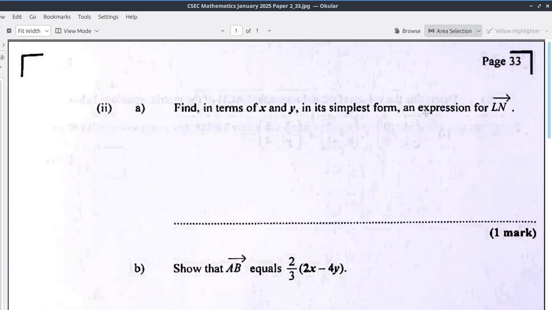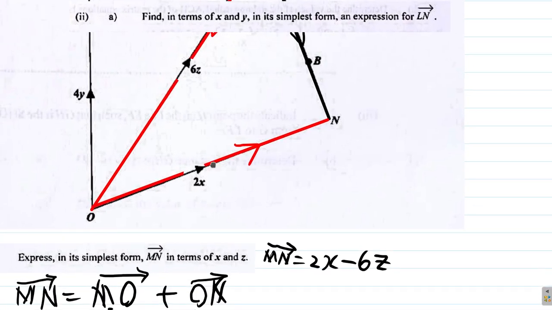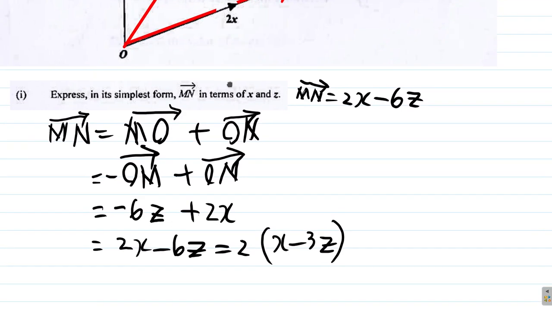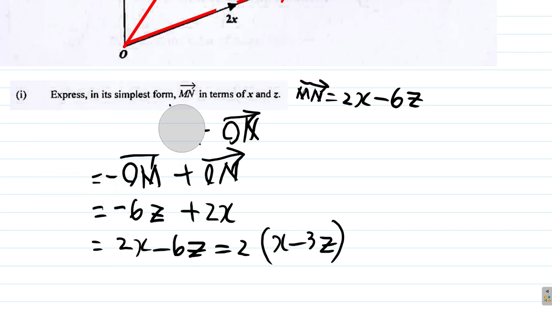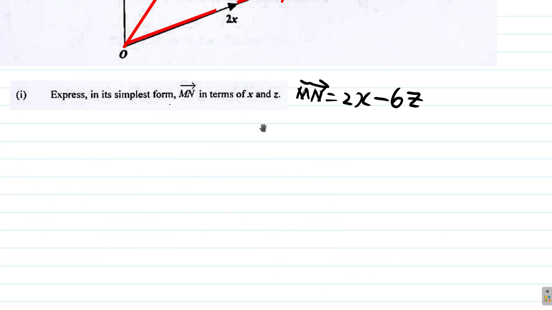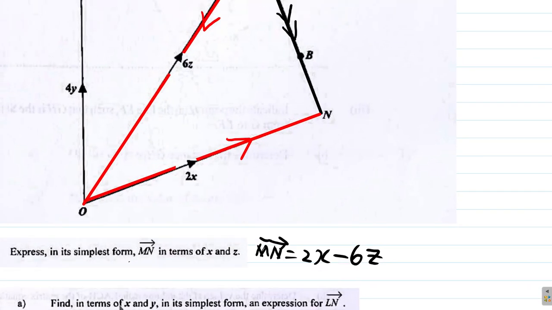Find in terms of x and y in simplest form the expression for LN. That's part 2A. Let's copy and paste it over here and see what's going on. You already have the working here. I don't want to stray too far from the diagram, so I'm going to erase the work, leave the answer up there because I might use it, and then pull this down here.